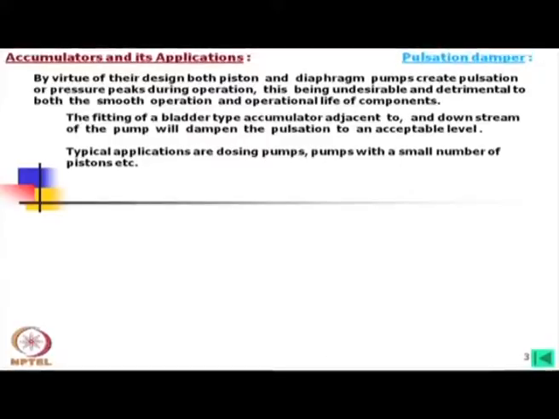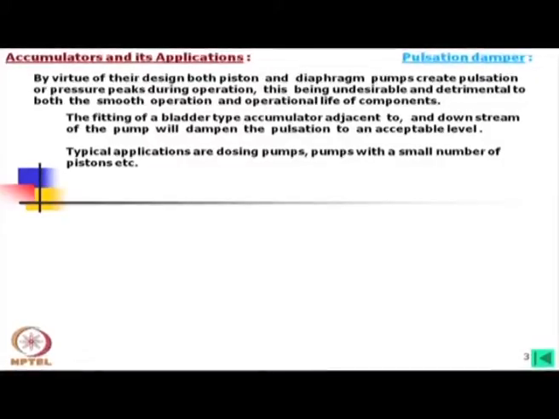Typical applications are dosing pumps, pumps with small number of pistons, etc. As you have learned earlier, a small number of pistons gives higher ripple, and in most of the cases, particularly in cylindrical pistons, you will find that these numbers are odd to reduce the ripple, and very common are 5, 7 and 9.